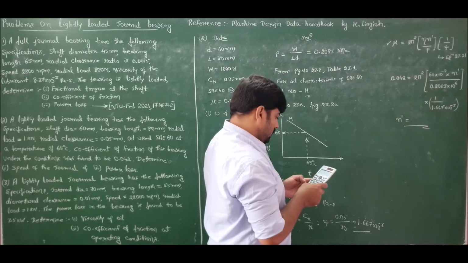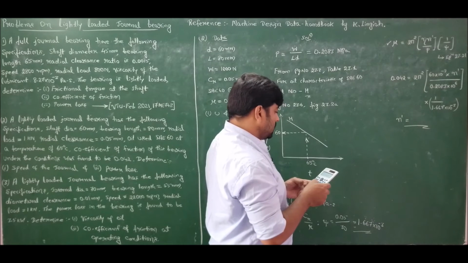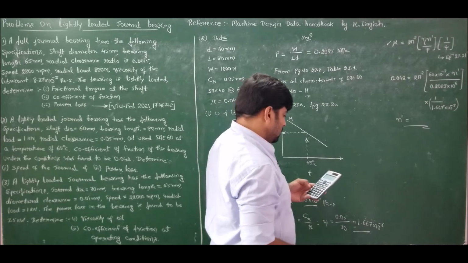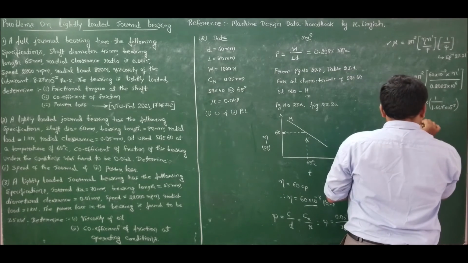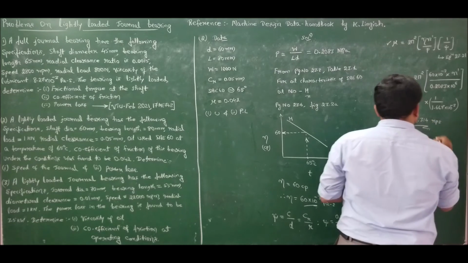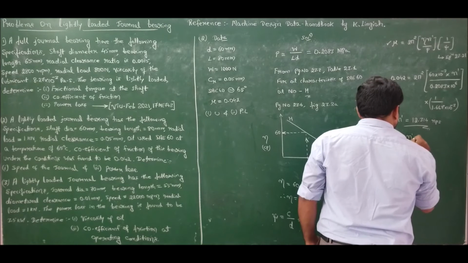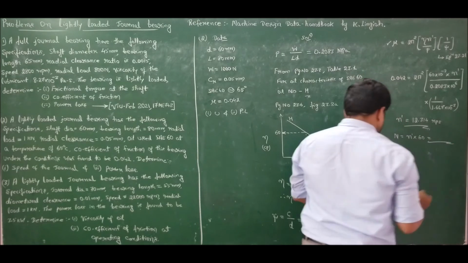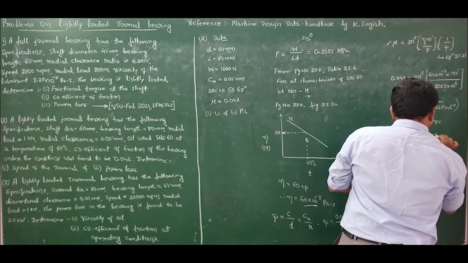This must be divided by 2 into pi square into 60 into 10 to the power of minus 3. So I'll get n dash as 12.314 RPS. So how much is n? N is n dash into 60, that is, I'll get 738.8 RPM.